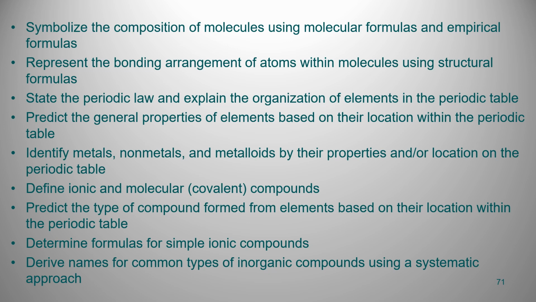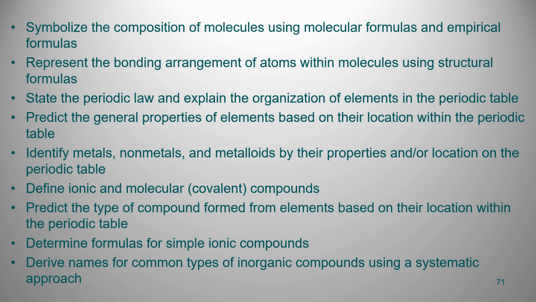I don't know that you have to predict the general properties, but just the ones that were listed in this. So knowing the names. The halogens are very reactive. The noble gases are not very reactive. The alkali metals. So based on which ones are metals, which ones are nonmetals, which ones are metalloids.